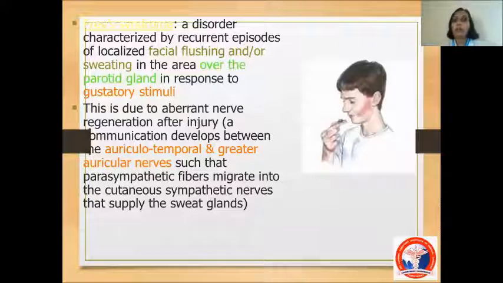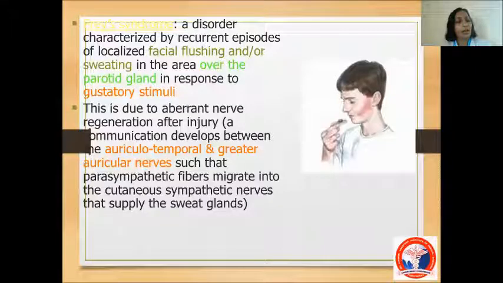The next disorder related to the gland is Frey's syndrome. This disorder is characterized by recurrent episodes of localized facial flushing and sweating in the area over the parotid gland. This sweating is mostly in response to gustatory stimuli.